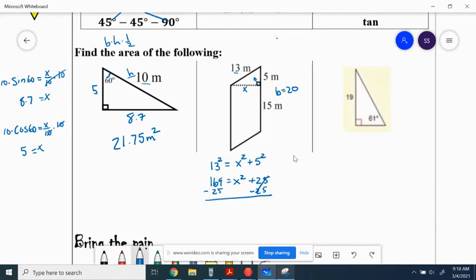And I'm left with 144 is equal to x squared. And now I do the inverse operation of squaring, and I take the square root. I'm left with x on the right side and 12 on the left side. So there you go. There's my height. My height is 12, and my base is 20. So we're just going to do base times height, which is going to be 240 meters squared.